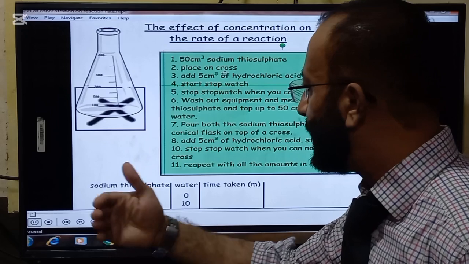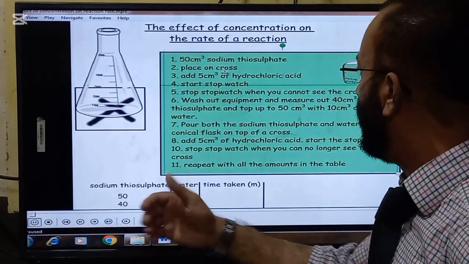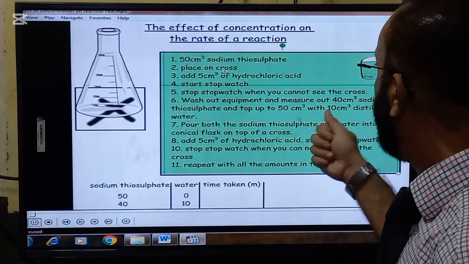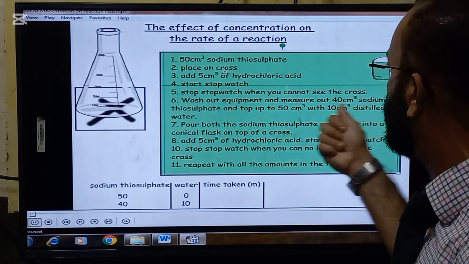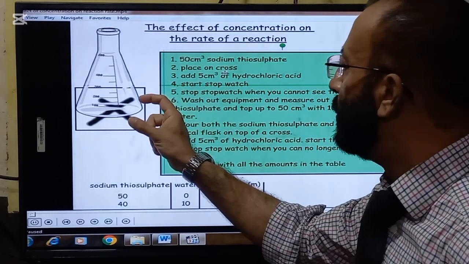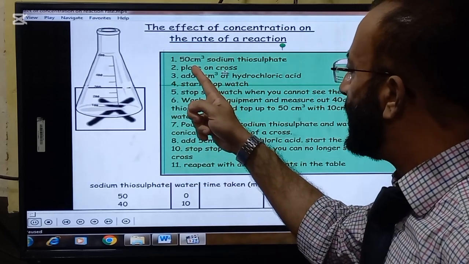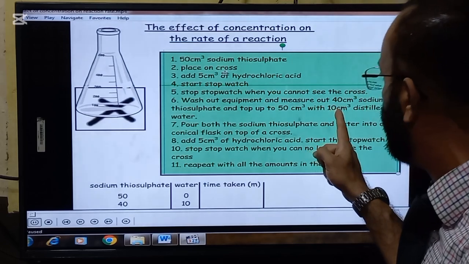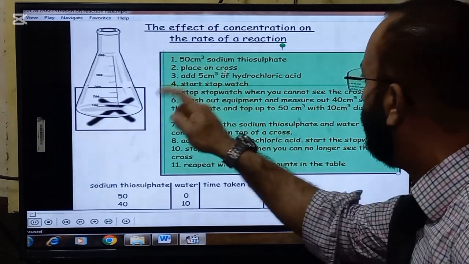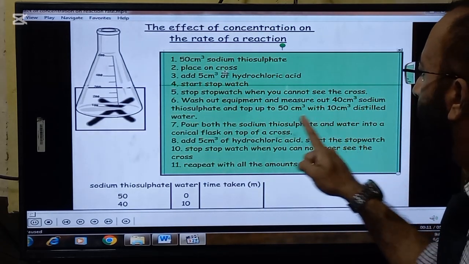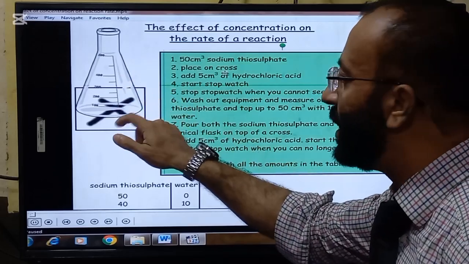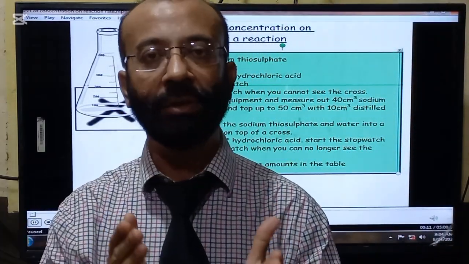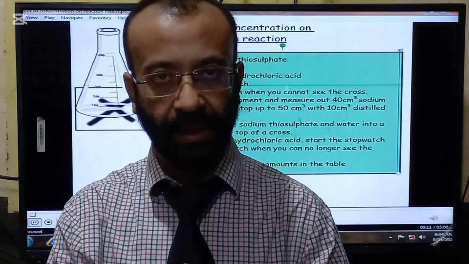So the second experiment will be done with 40 cm³ of sodium thiosulfate. In the previous one 50 cm³ was used, but now 40 cm³ is used, and 10 cm³ of water is added to dilute it. So we are actually decreasing the concentration of the reactant.